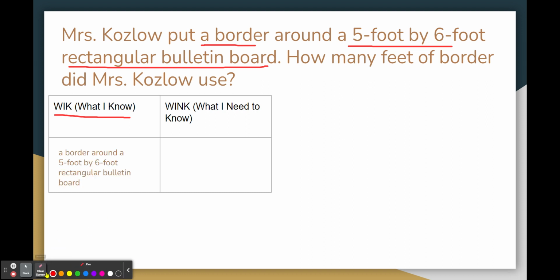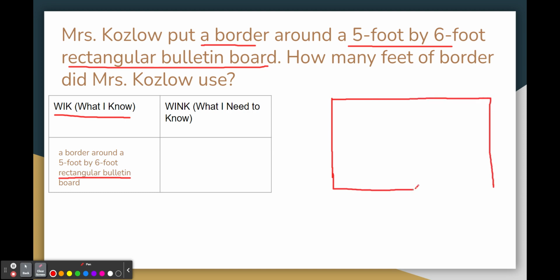Okay, so I know that we have a rectangular bulletin board and we want to put a border around it. So I'm going to draw a picture. I'm going to draw the rectangular bulletin board. And I know that's not a great rectangle, but we'll go ahead and pretend.